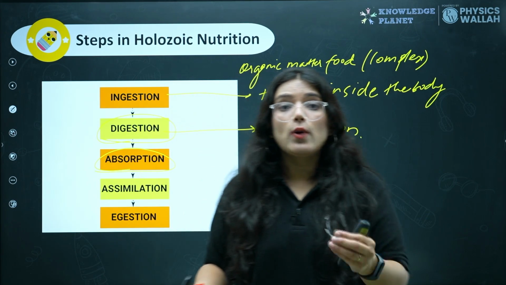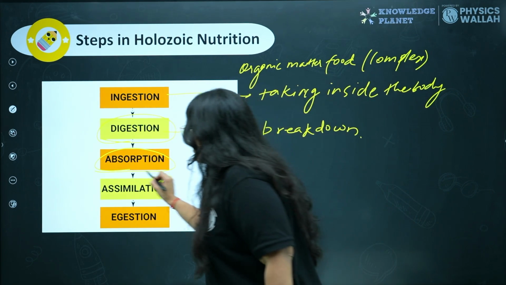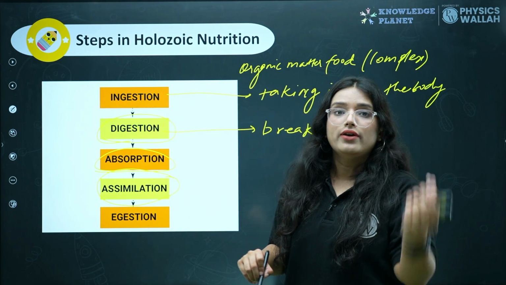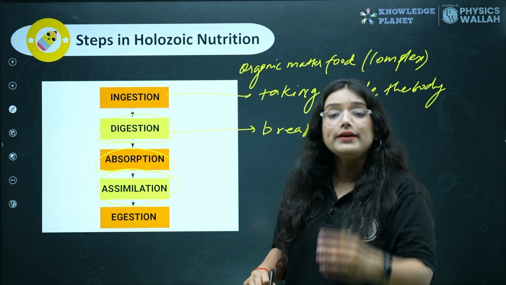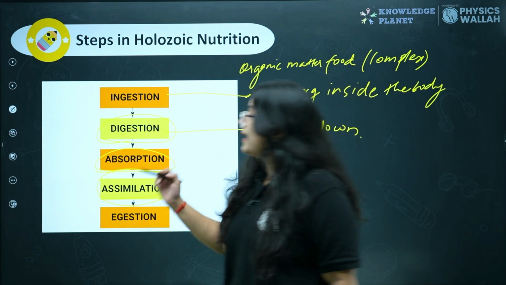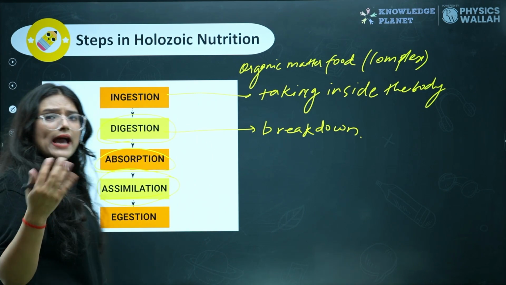The process of taking up these nutrients and utilizing them for the repair, growth and development of cells is known as assimilation.